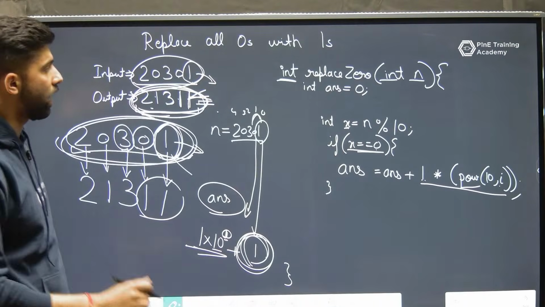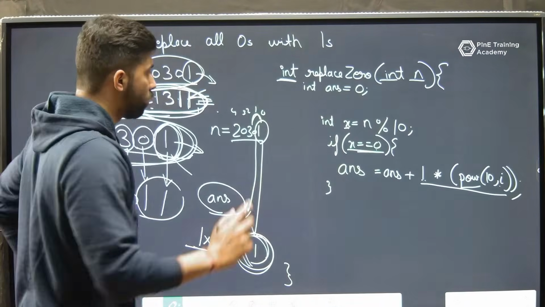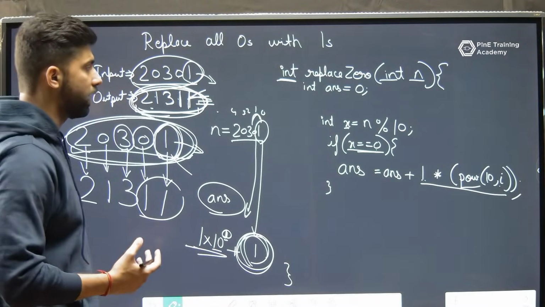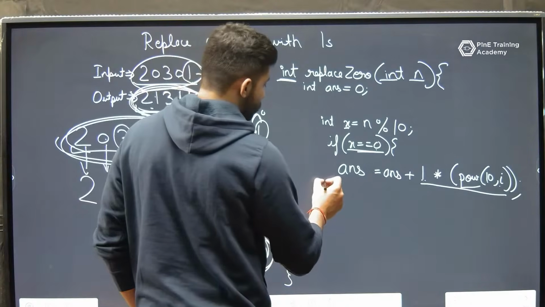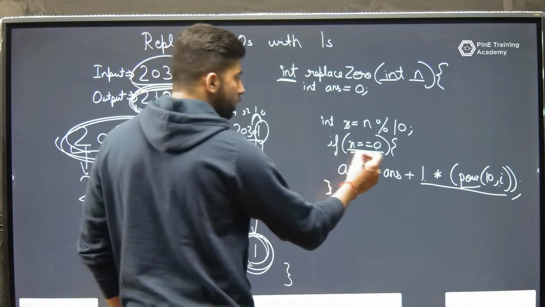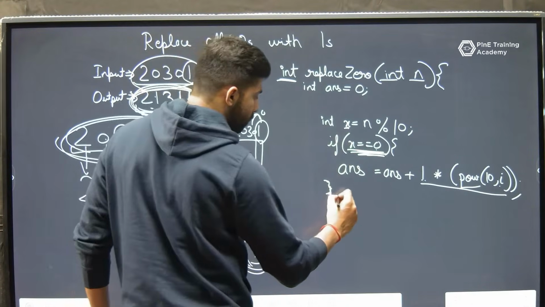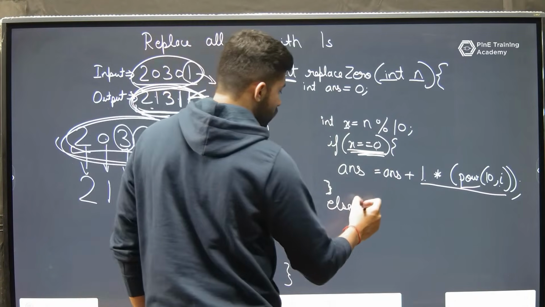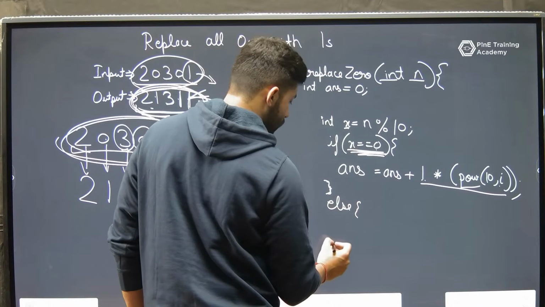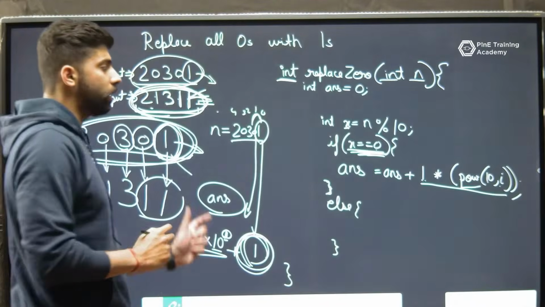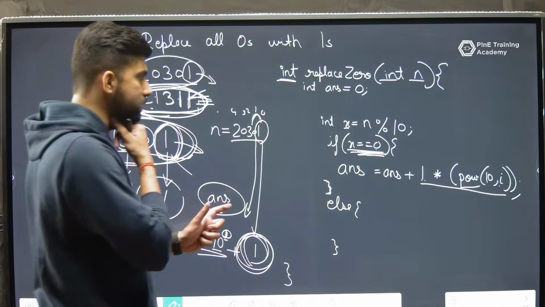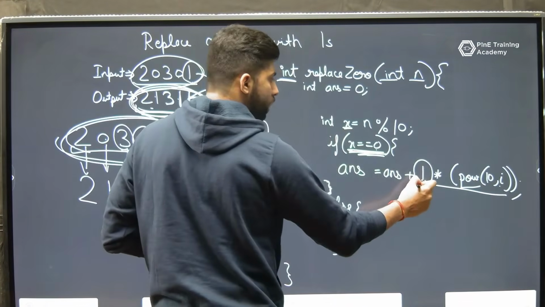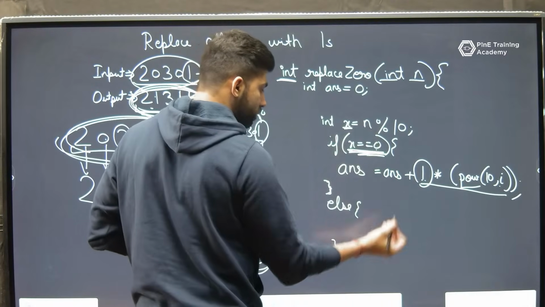So for the first time, it will be 0 plus something and it will not do anything, right? If the number is not 0, in that case, I need to use the exact number, right? If the number is 0, I was using 1. If the number is not 0, I will use that exact number.